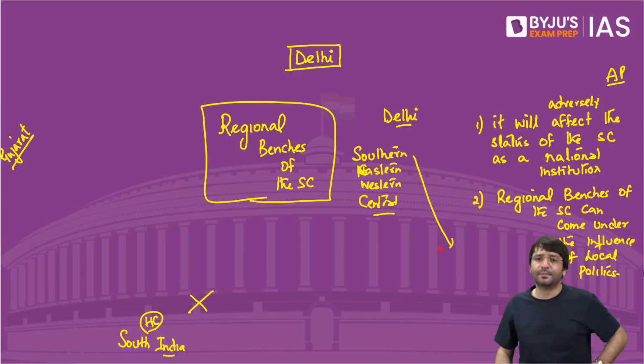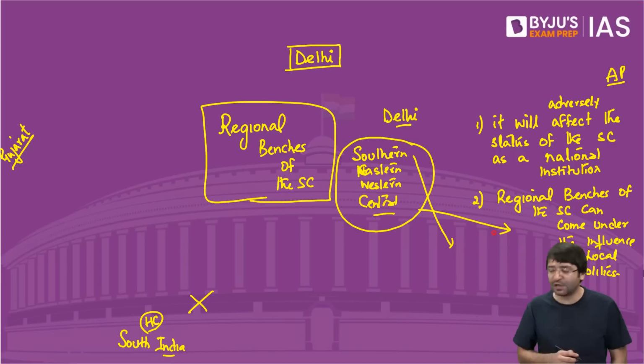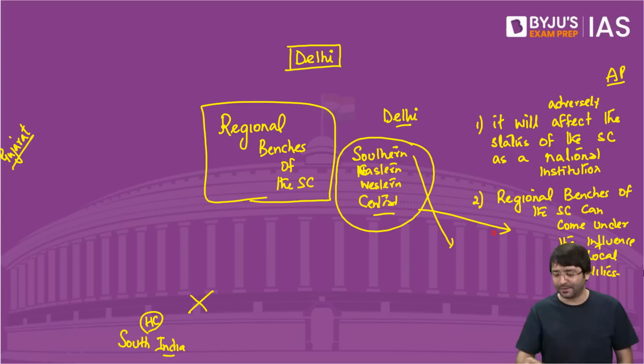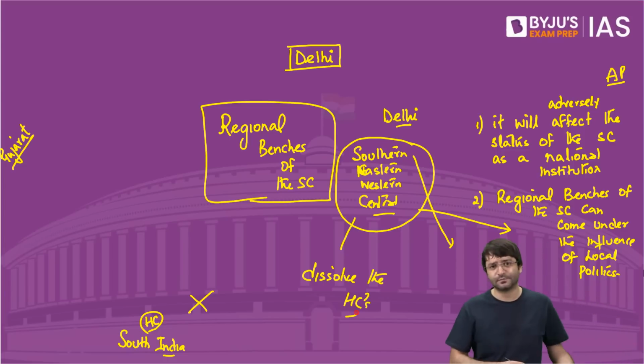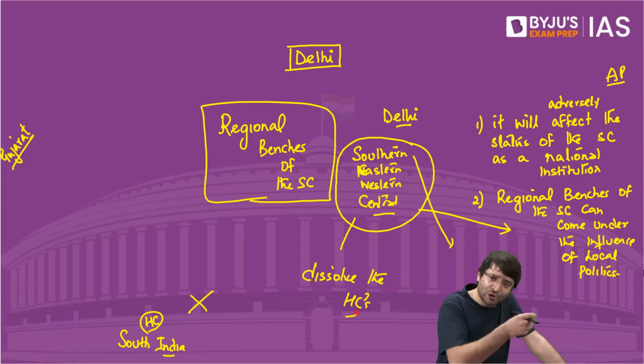But my lord, if these regional benches of the Supreme Court can come under the influence of local politics, then why don't you take an extra step and dissolve the high courts as well? Because by your logic, high courts will also come under the influence of local politics. There should be no high court in Chennai.